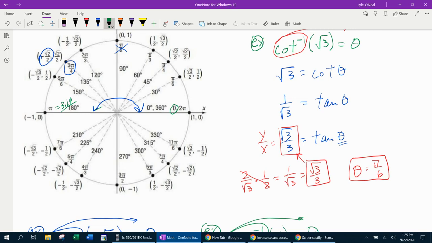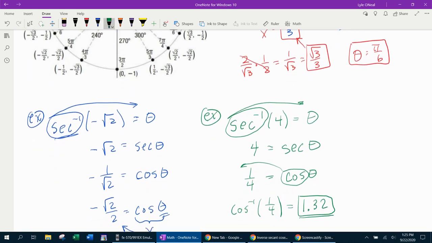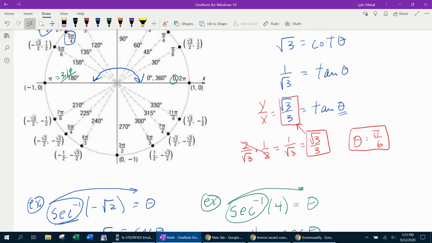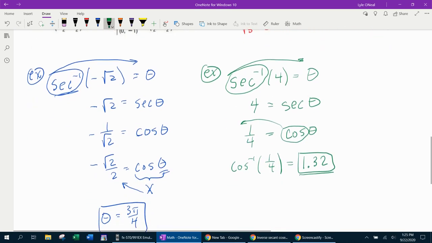And so then the question becomes, is our answer, 1.32, a radian angle from 0 to 3.14? And yes, that is true. So that helps us feel better about the answer, okay? All right, I think we should look at another example.